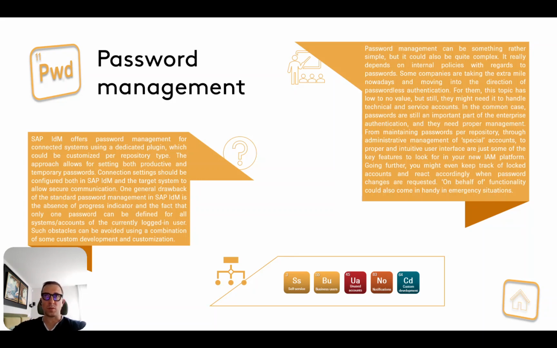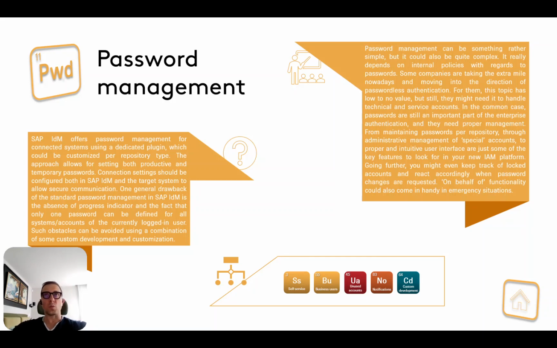Whenever there is a password, there is someone that should take care of it, store it, update it, monitor its usage. It's not written in stone that this should be done by your IAM system, but it would definitely be beneficial if it has this functionality in place.